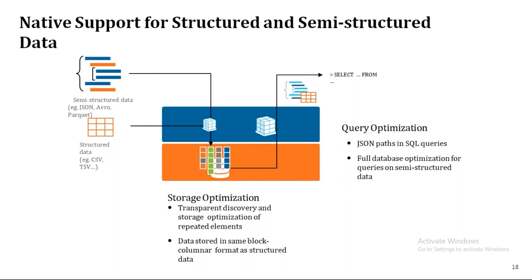And coming to semi-structured, it can support JSON, Avro, Parquet, ORC, and XML. It doesn't support unstructured data. Snowflake doesn't support unstructured data. We cannot process it. So those are the file formats it can support.